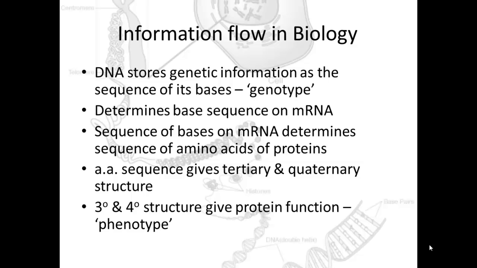The tertiary and quaternary structure give the protein its function, and that is phenotype. So that's how we get from genotype to phenotype, from the sequence of bases on DNA to the structure and shape of a protein, and hence its function, the phenotype.